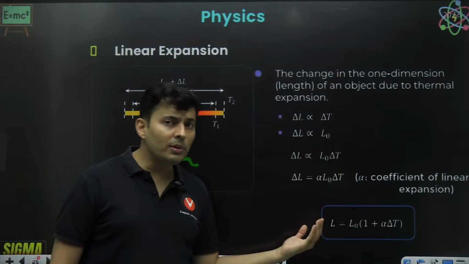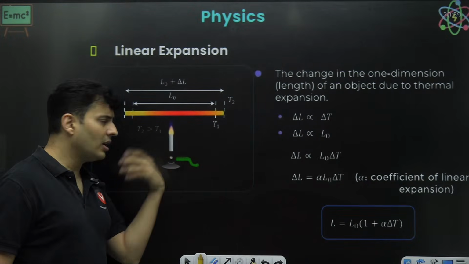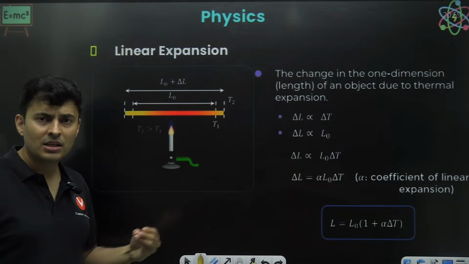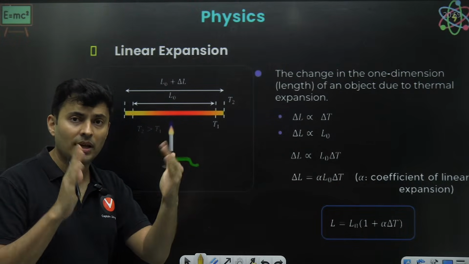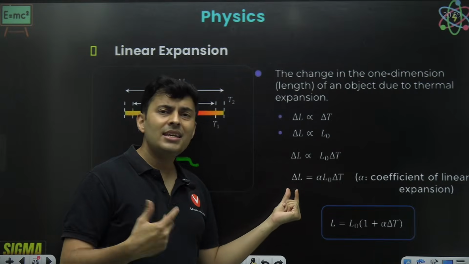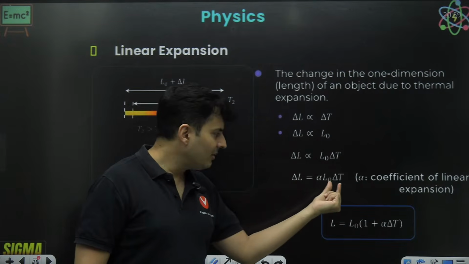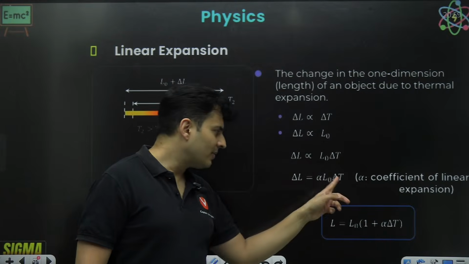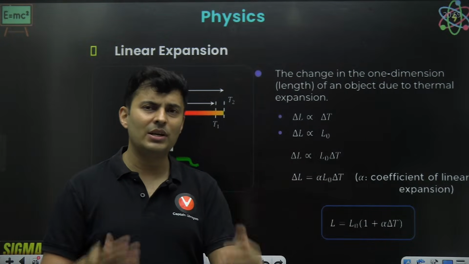Can I use this formula if the temperature reduces and I remove the heat? Of course. Instead of a flame, you put some ice. This object will contract, and as soon as it starts contracting, there will be a change in length. Yes, delta L will be negative, but do not forget, even delta T will be negative. If delta T is negative, delta L is negative, meaning length has reduced because you have reduced the temperature.